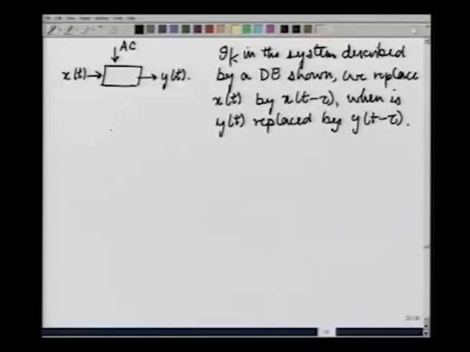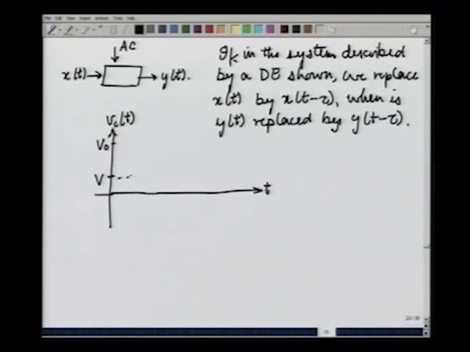Let us just draw that graph again. This was the curve of Vc(t) versus time.